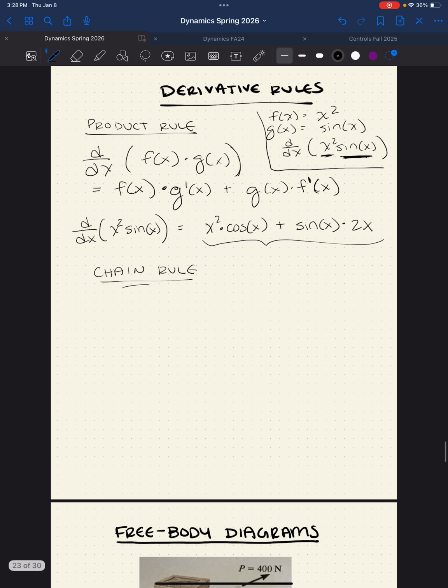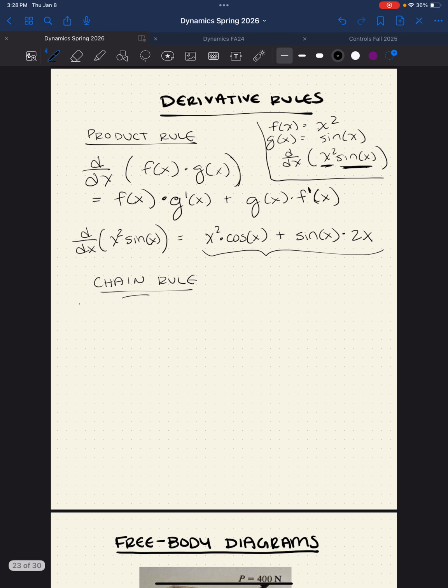Then we talked about chain rule. We said that if we want to take the derivative with respect to x of a function of another function with respect to x, I need to be very careful here too.